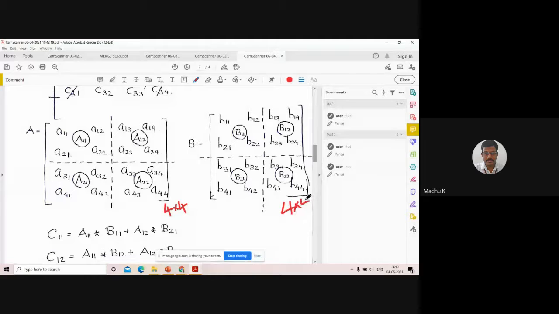Then we will divide this 4 by 4 matrix in this way. That is, there are four 2 by 2 matrices. This is a 2 by 2 matrix.